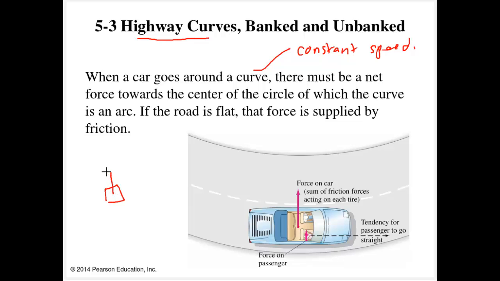So here's my car. It's going around the circle, kind of like that. It's got some force. That force, if it is not banked, if the road is flat, then this force must be due to friction with the tires.